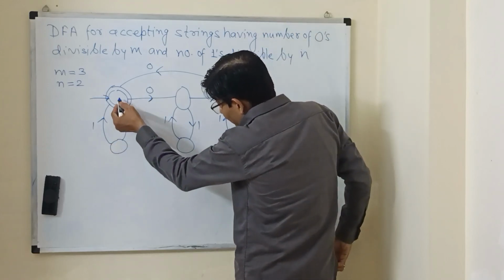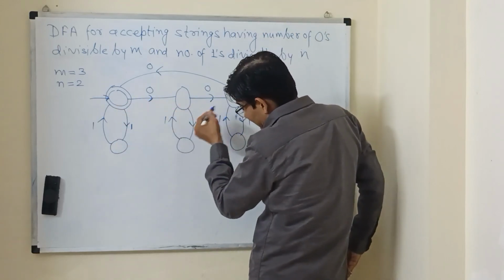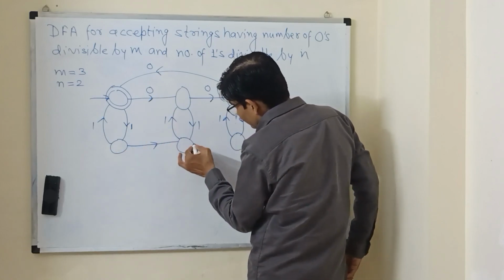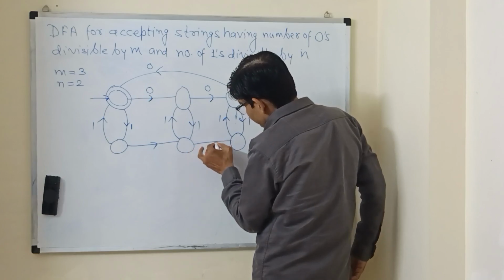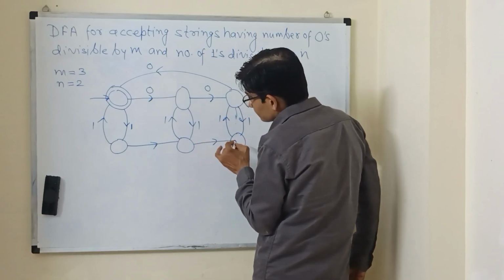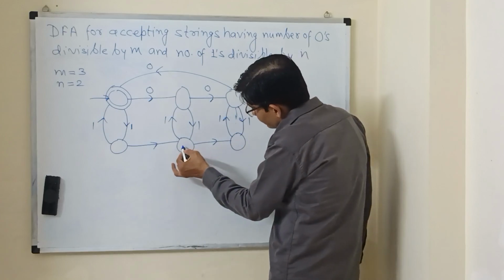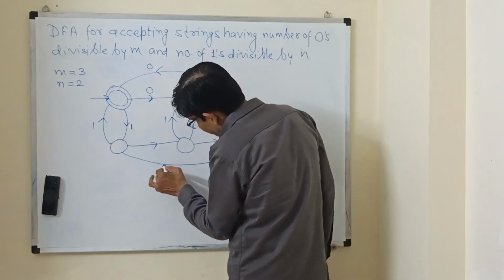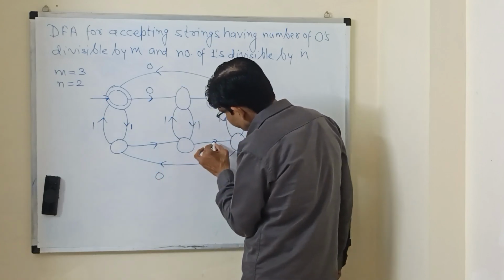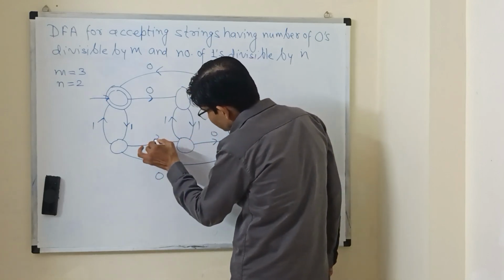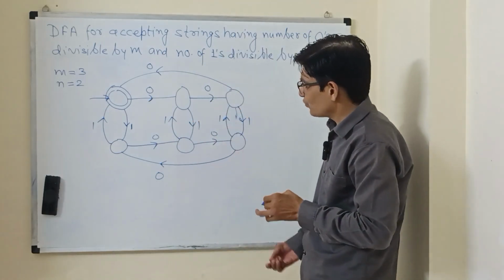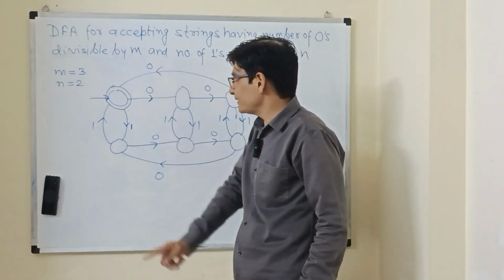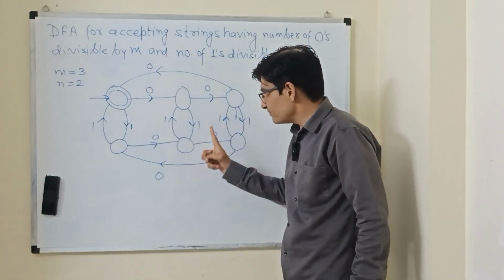Now the same transitions we can make for this also, like this, and like this 0, 0, 0. So now this is the machine for accepting all strings having number of zeros divisible by 3 and number of ones divisible by 2.